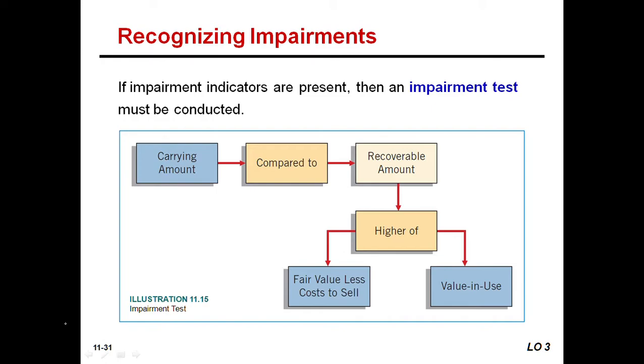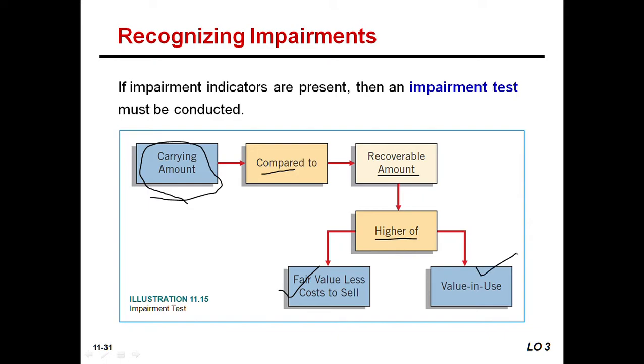Now this is, can I call it, a flow chart? Basically, you have to calculate the carrying value of the asset, which is the value according to the balance sheet, and compare it with the recoverable amount. Now, what do you mean by recoverable amount? It could be either you're using it or selling it, right? So, whichever is the higher of either the fair value less the cost to sell, that is the money you're going to realize from the sale of the asset, or the value as you are using it.